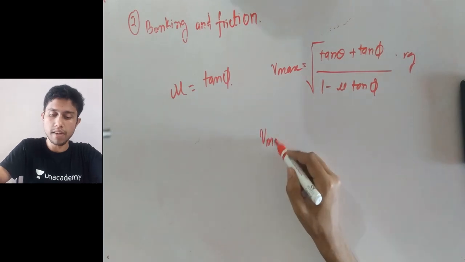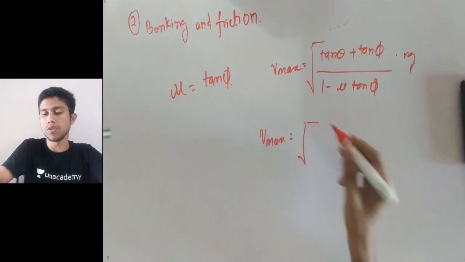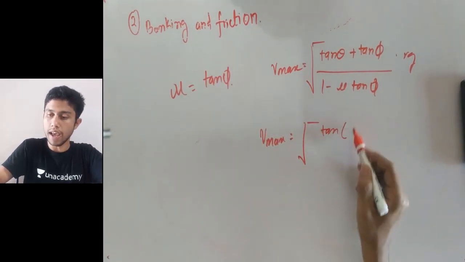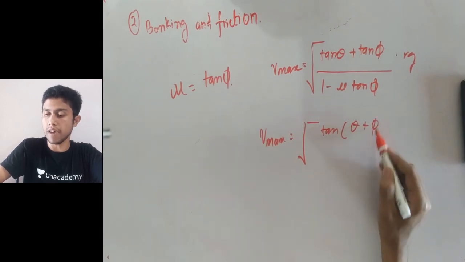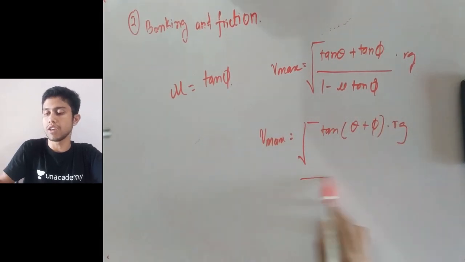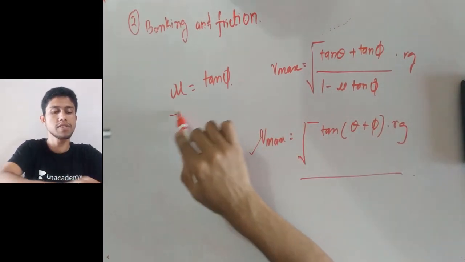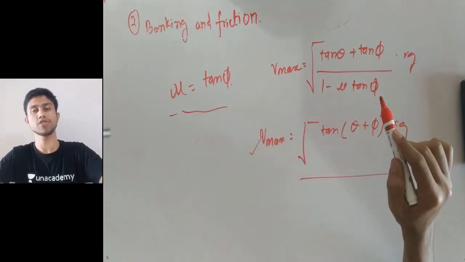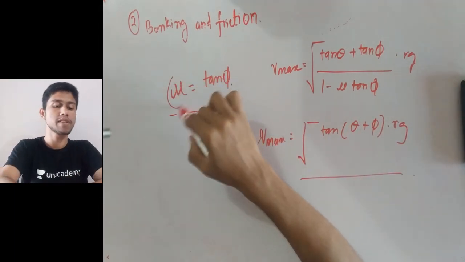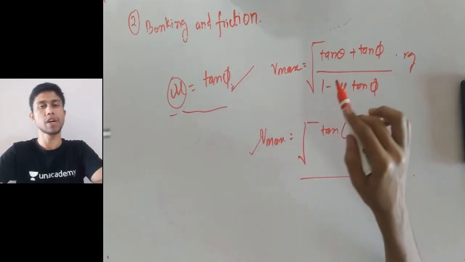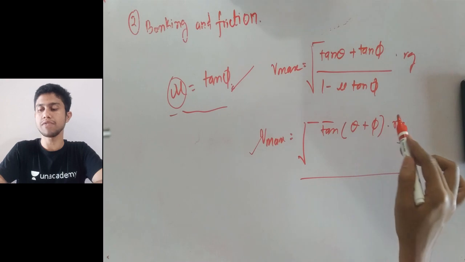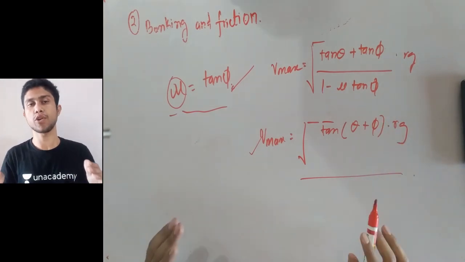So it can be written as root over tan of theta plus phi, dot rg. So this is the most simplified formula you can get for the Vmax. This is essential when you are solving numericals where they express mu in terms of tan phi. This is a very simple expression which you can remember for your subsequent questions.